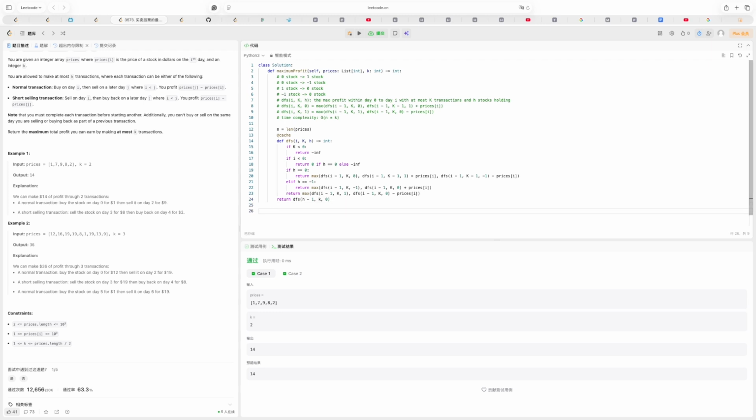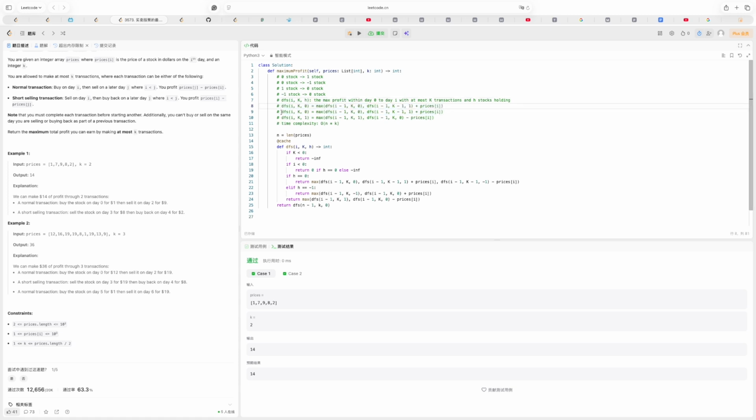So for loops, we will have this. Yeah, H has 3 situations. There is -1, and 0 will be do nothing, since we haven't finished a transaction.